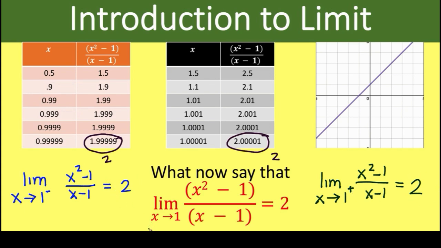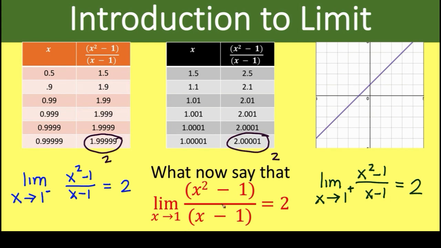If you have this notation, x approaches 1, and you don't have this small minus sign nor this small plus sign, this is called a two-sided limit. Whereas this one is called a one-sided limit, and this other one at the right is called a one-sided limit. And this limit at the middle is what you call the two-sided limit.